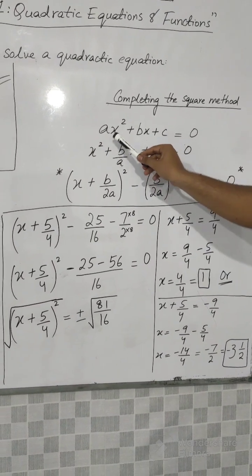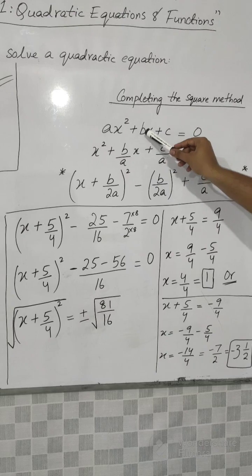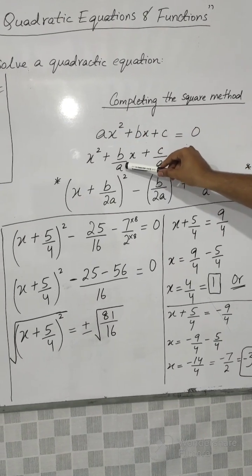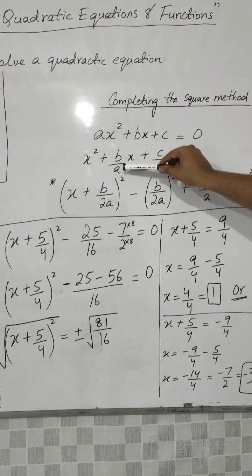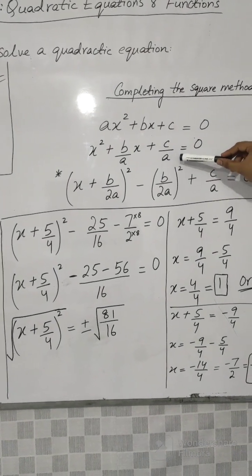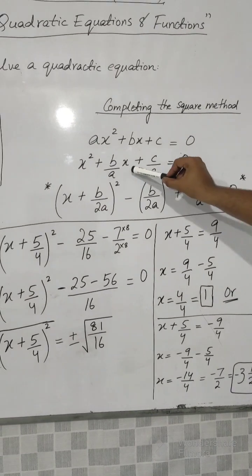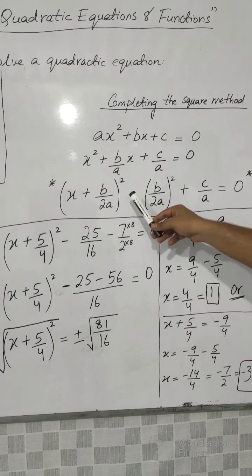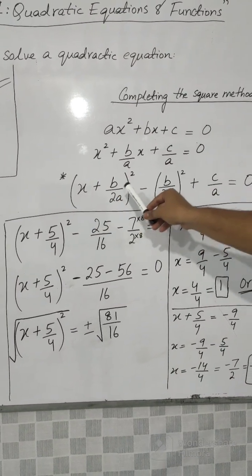So x² comes here plus b over a. This a is shifted down to the denominator below b and below c, equals 0. When you are done converting your equation into this form, you have to apply this formula.